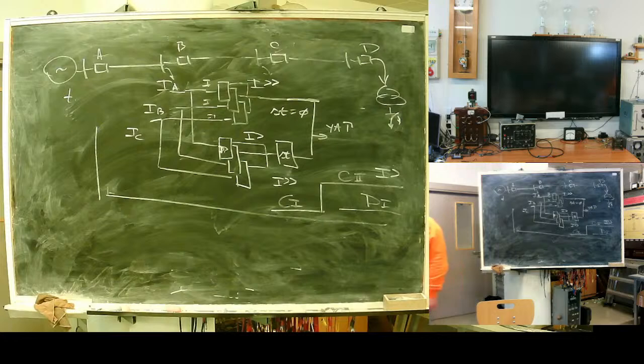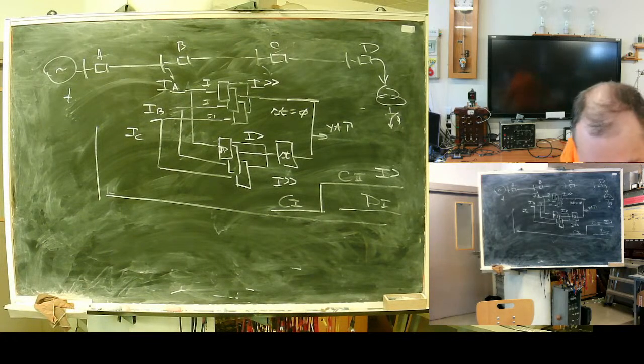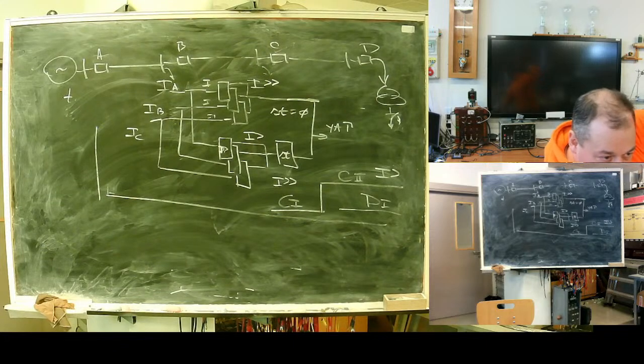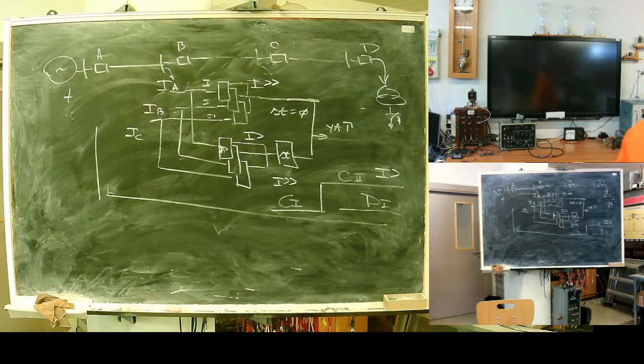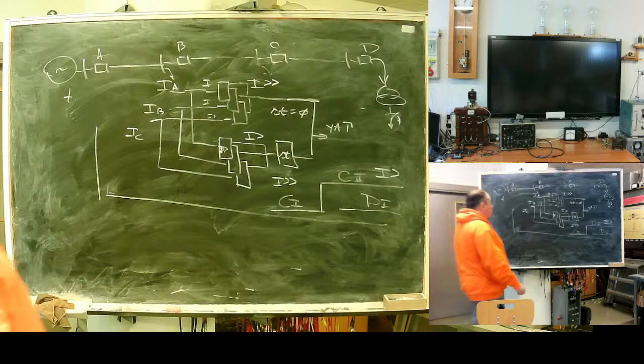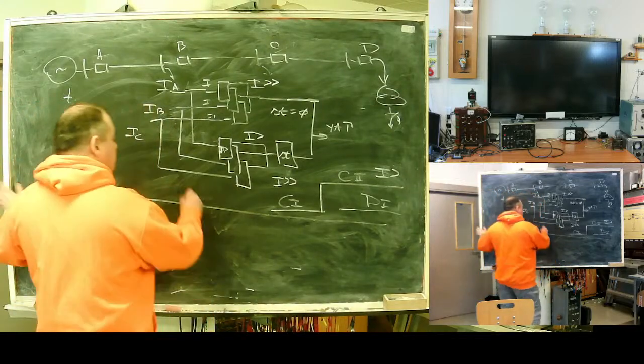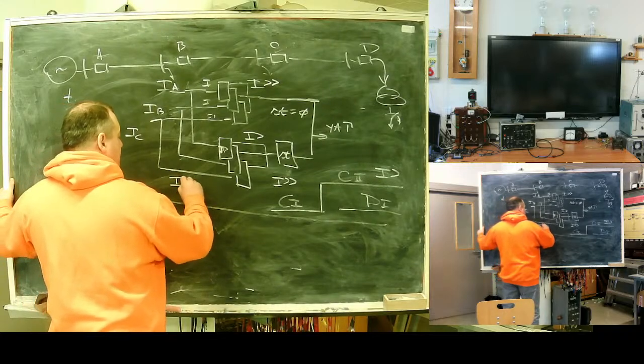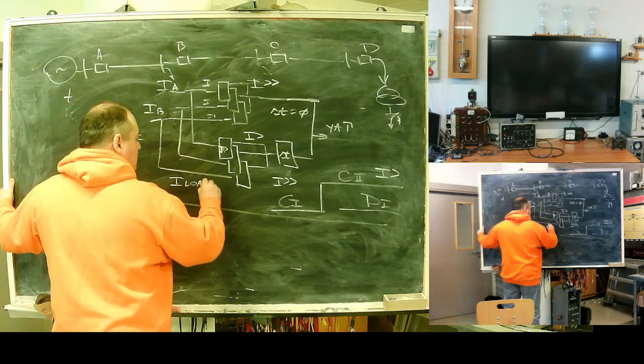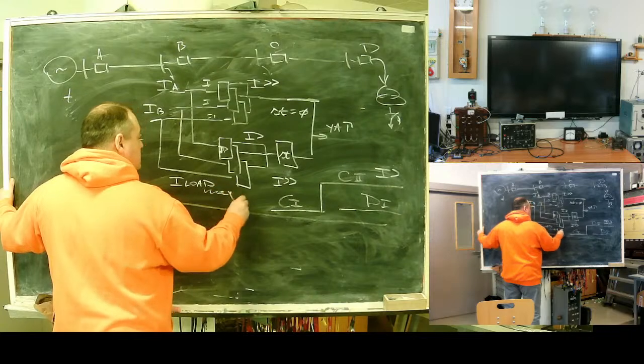Remember the yellow line, selective protection. When I tried to do it selectively, I had higher current above. For this part, what's the criterion? This part is from the max.